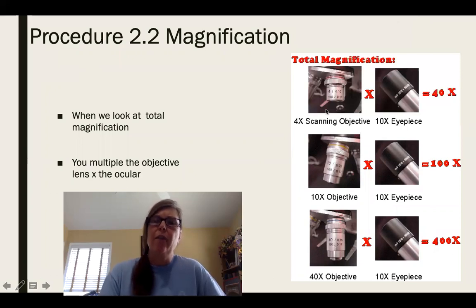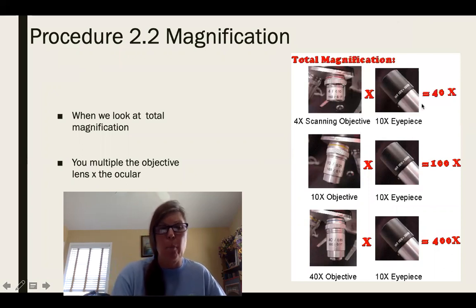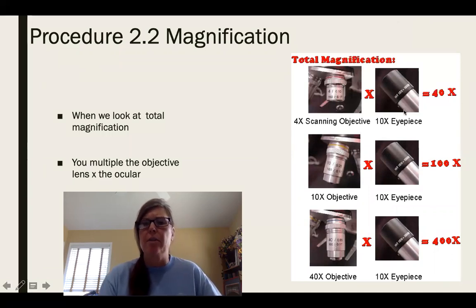So here, if we have our scanning objective, which is 4x, and our ocular and eyepiece is the same term for the same part. I'll use both of them. So in this case, we're using eyepiece. So our eyepiece is 10x. So you're going to multiply those together. 4 times 10 gives me 40x.